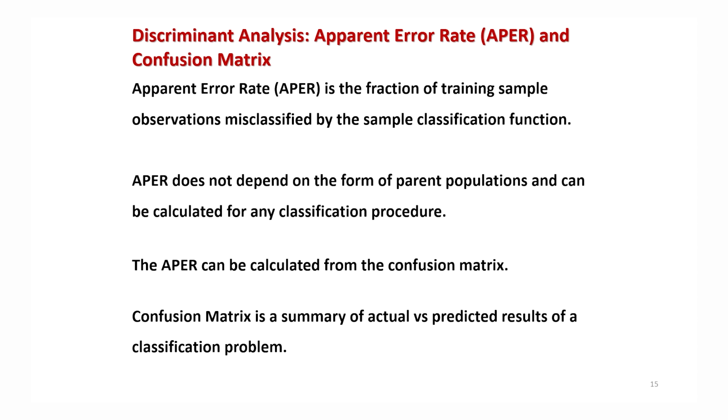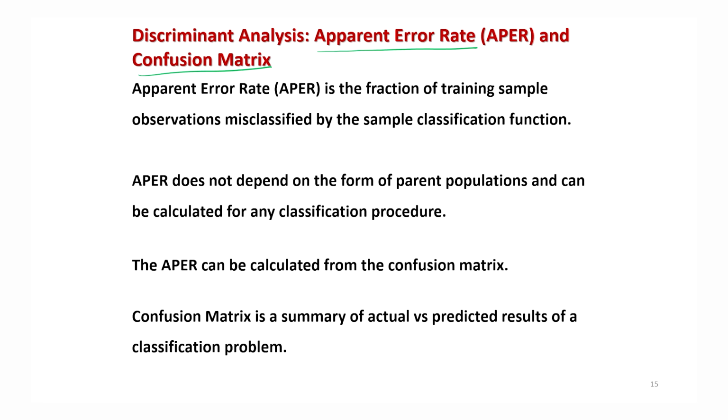And now we would like to introduce one more concept, which is called APER, or apparent error rate, and a confusion matrix. This is useful when we are trying to judge the goodness of my classification. This goodness is judged by the number of cases which are classified correctly or misclassified.